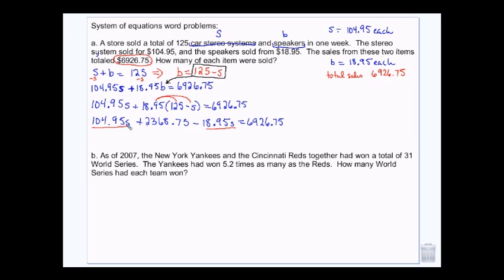So I'm going to do 104.95 minus 18.95, and that gives me 86.